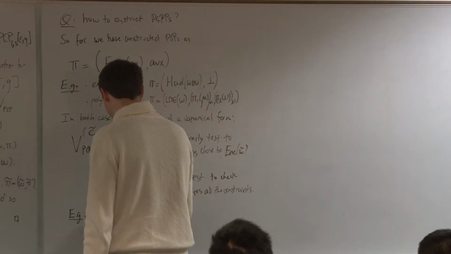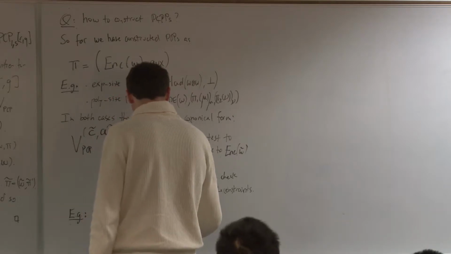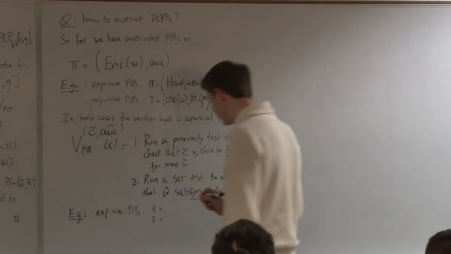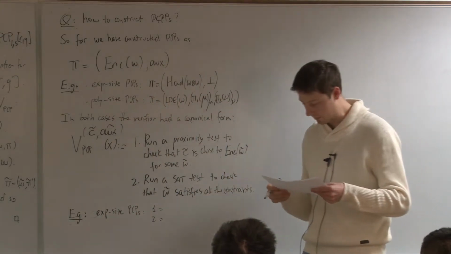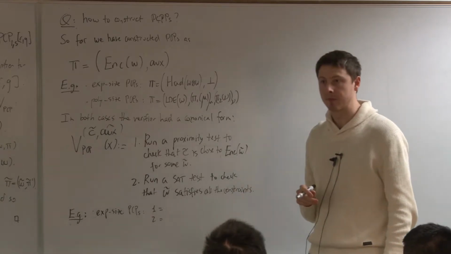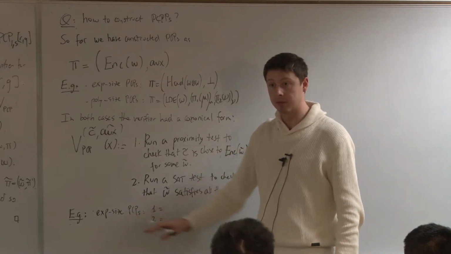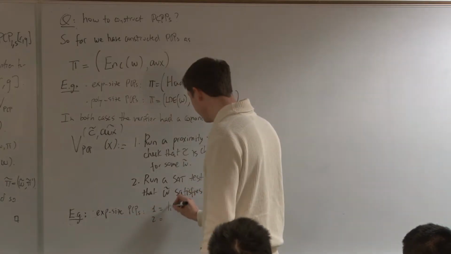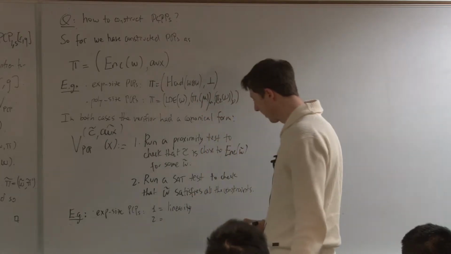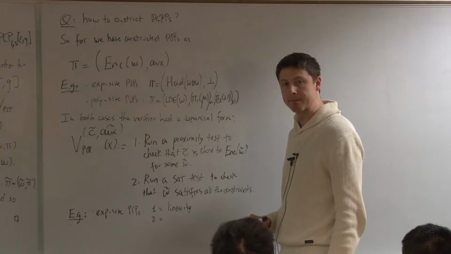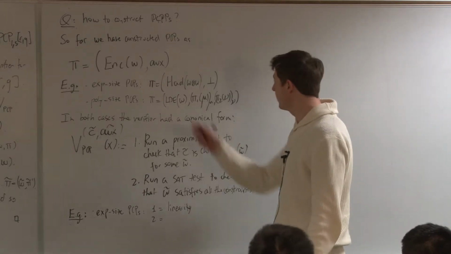For exponential size PCPs, can anybody say what was component 1 and component 2? Yeah? What was it? For exponential size PCPs? Oh, sorry, no, linearity test. Linearity test, yeah. And actually, I would say something else as well. So what's the encoding here?